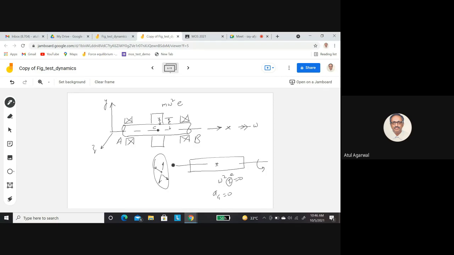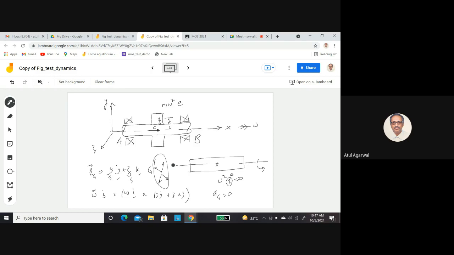So this is your vector r, the vector of the point G from the axis, which will have coordinates in y and z direction. So what you have to do is omega i cross omega i cross this yj plus zk.